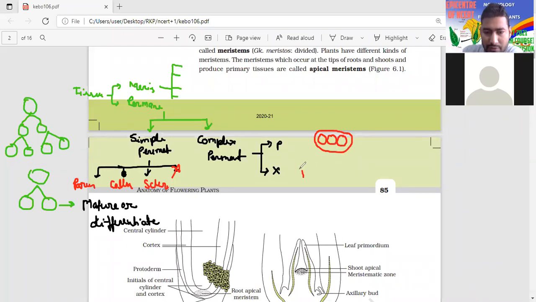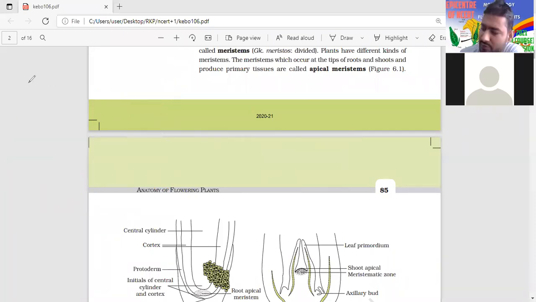Now we are going to talk about the first one, that is the parenchyma. You also have to know that the maximum part of any plant is generally occupied by this simple permanent tissue. Are you understanding? Yes, sir. I'm drawing one structure.